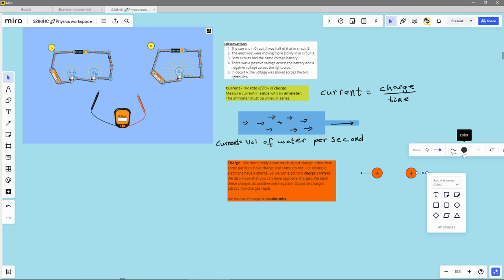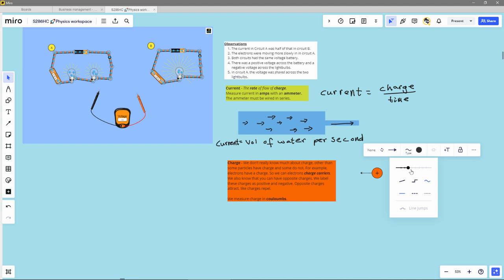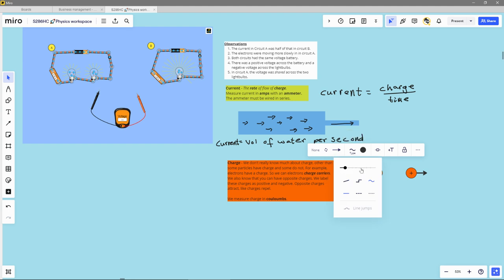I'll make them a bit thicker. I want them to be exactly the same because I want you to know that they would repel with exactly the same size force.